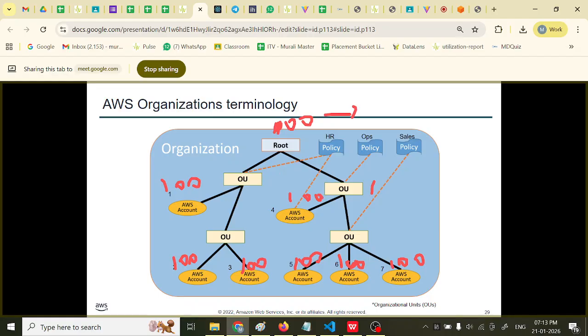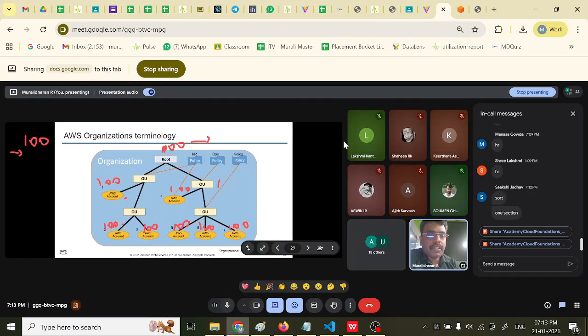Now $700 we have used, but they are separate accounts, because each is a member account. Now, as we already mentioned, AWS is giving discount, correct? So on $100, how much discount will they give? Let us say you purchase some product for 100 rupees in your nearby shop. How much discount will they give?